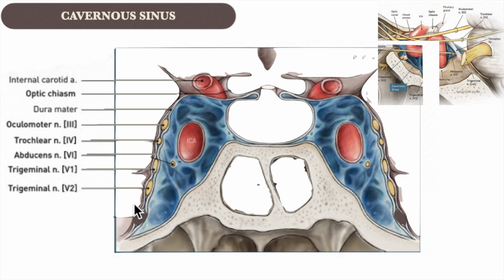These are the 4 important cranial nerves which are related with the lateral wall of the cavernous sinus. Then laterally there is one more brain structure that is related, that is the uncus of the temporal lobe. Then within the sinus you will see another nerve, the abducens nerve, and one artery, the internal carotid artery. The abducens nerve is inferolateral to the internal carotid artery.